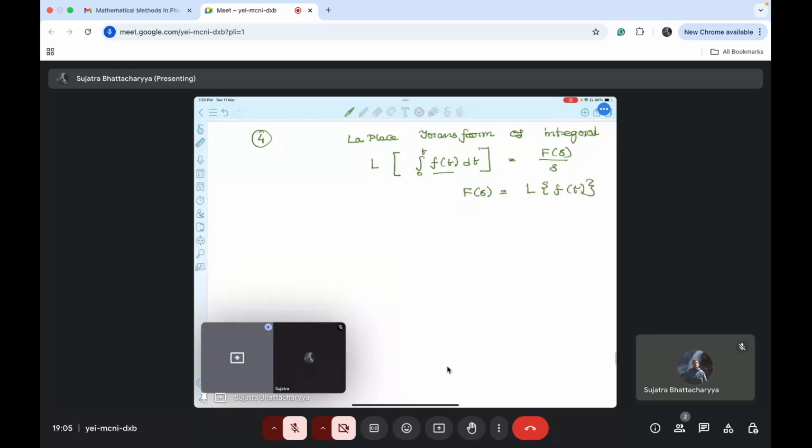So let us say that some function chi, which is a function of t, is the integral from 0 to t of f(t) dt.